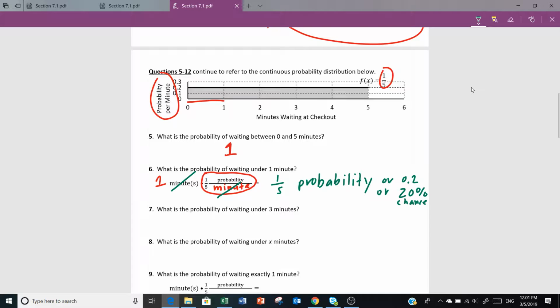Exactly. So the 1/5 comes from the f of x, and the units of the f of x are probability per minute. So these are just units. Exactly.